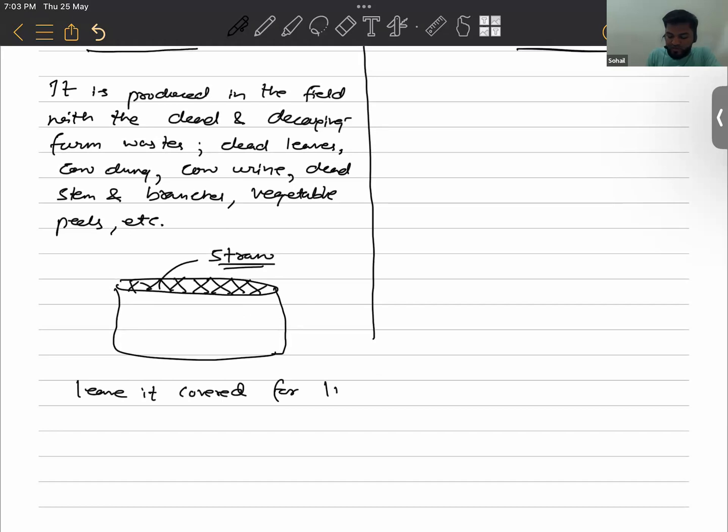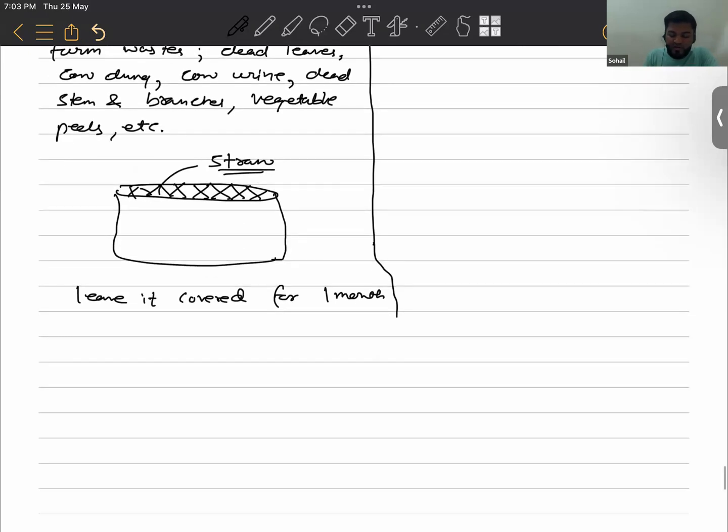After that you will see that all the dead decaying matter has reduced to a small mass, and that small mass which you obtain is called simply manure, and it is ready to be used in the farmland.